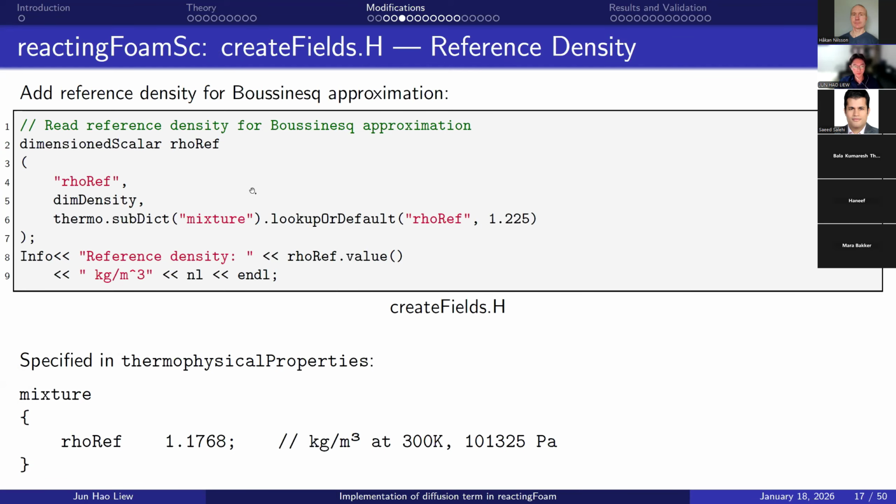This rhoReference will tell the solver to go into the thermophysicalProperties file and then look for the subdictionary mixture and then look for its value. If there's no value specified, then a default value of 1.225 is used. This is the default value for the density of air. And then you print out the reference density value. So later in the thermophysicalProperties, you'll need to put in this subdictionary and specify the rhoReference if needed.